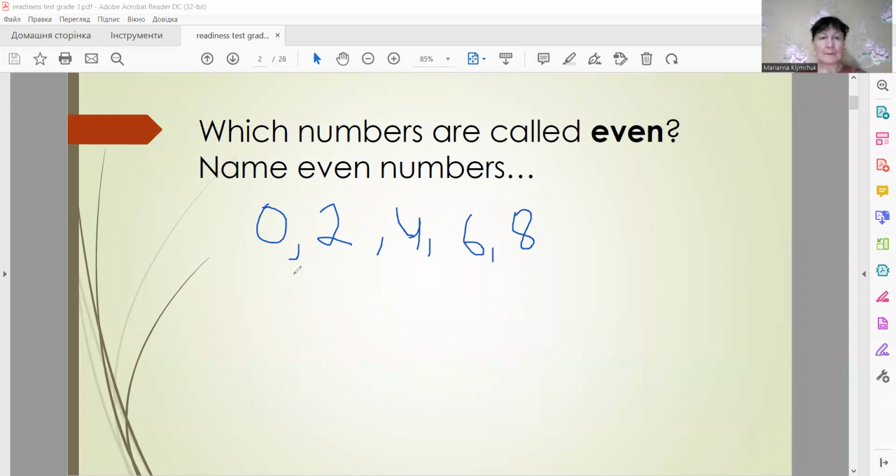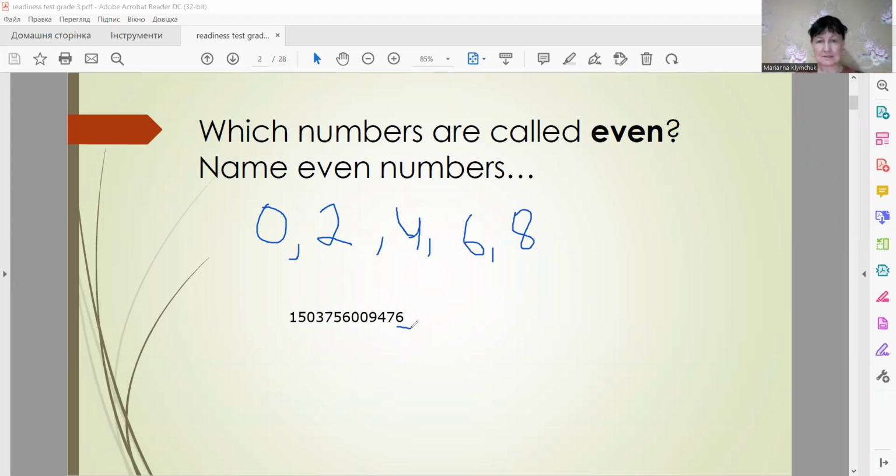For example, I was giving an example: even if the number is like this, it ends with 6. That means the whole number is even.